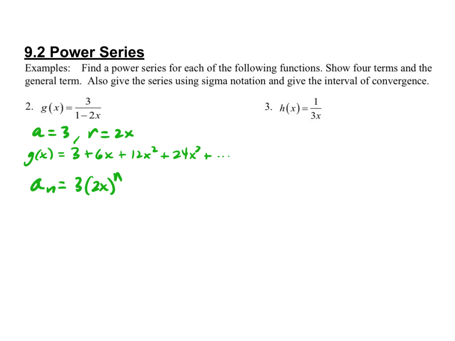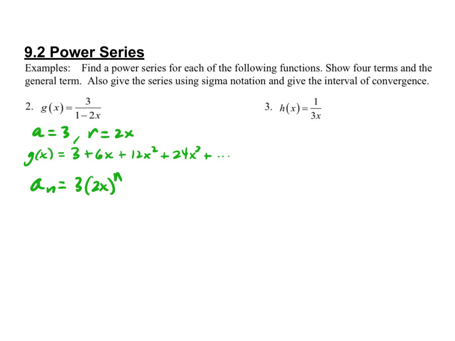All right, so the nth term, that's a sub n, that's the general term. Okay. Every time for a geometric power series or geometric series, you take the first term and you multiply it by the common ratio to the power, because whatever our power is will give us whatever term we're looking for.